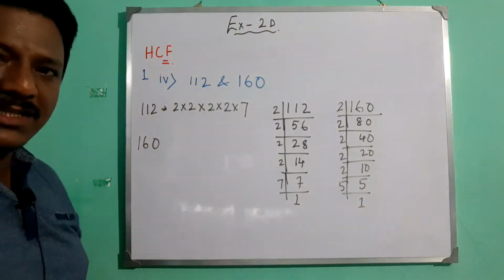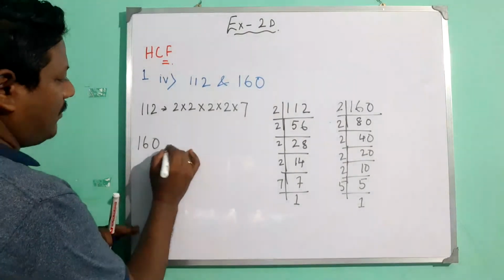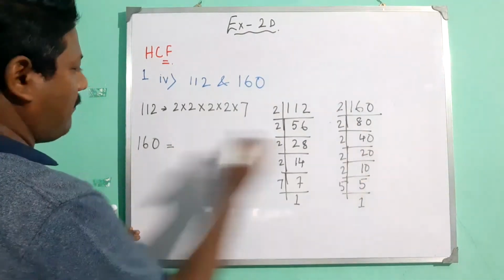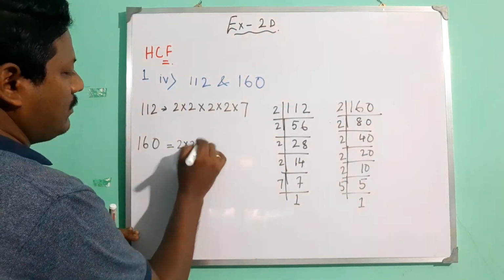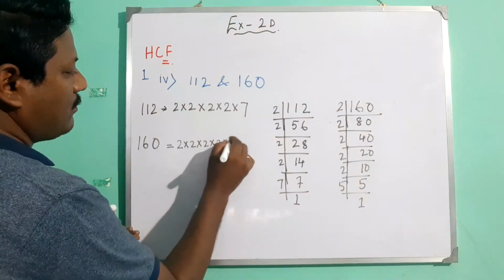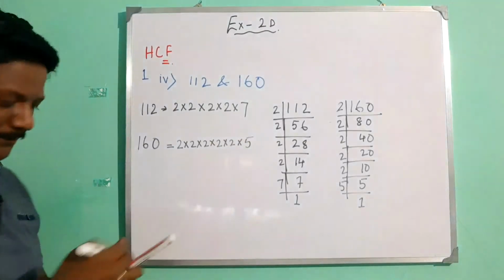All right, this is very simple. Now again, how many 2's do we have? 1 2 3 4 5. So 2 into 2 into 2 into 2 into 2 into 5.